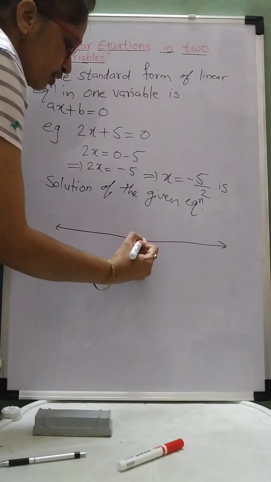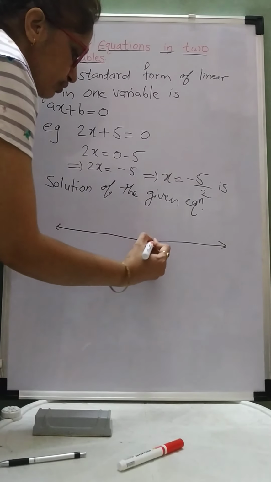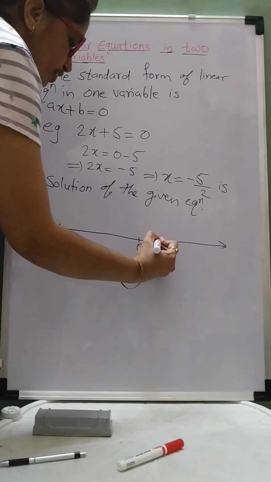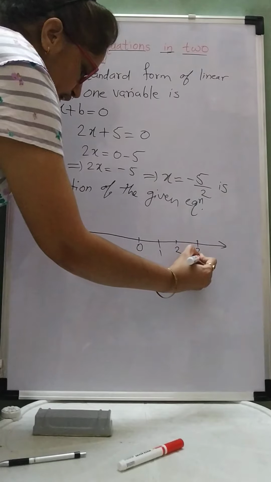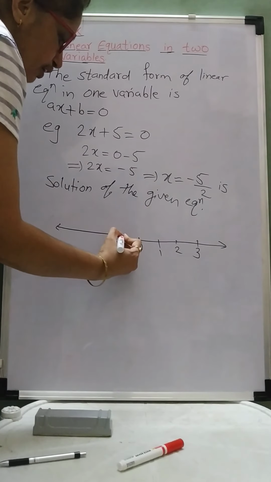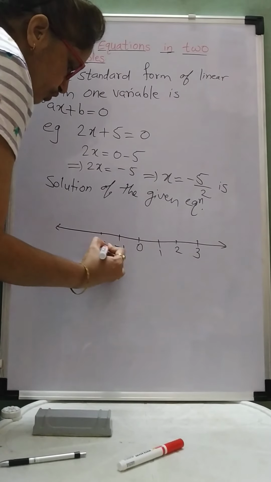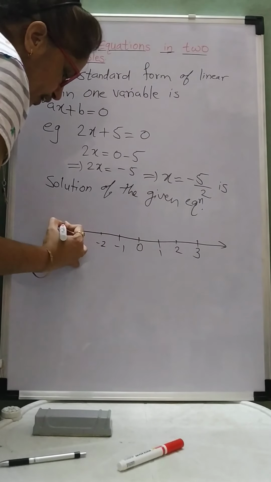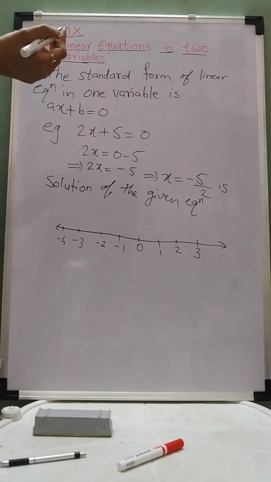So, I draw it. In the middle I will put 0. On the right hand side of the 0, 1, 2, 3. On the left of the 0, there are negative numbers, that is minus 1, minus 2, minus 3 and minus 4. Now, how will you represent x is equal to minus 5 by 2 on the number line?